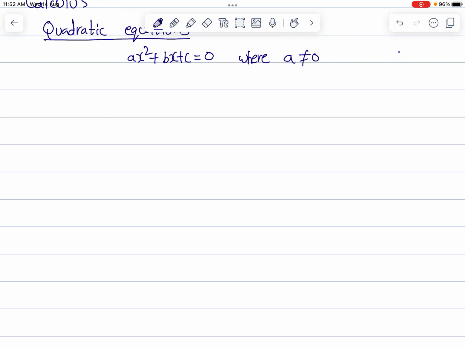Okay, so let us take an example: x square plus 6x plus 8 equal to 0.